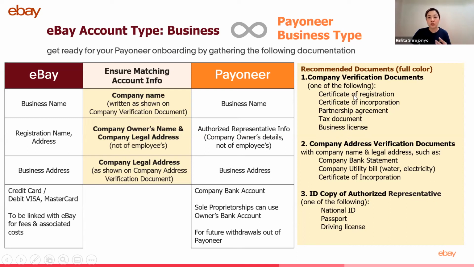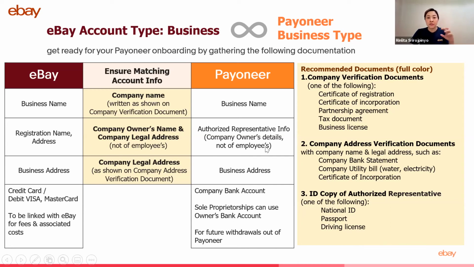You can look at the right-hand side, the yellow sheet. You can choose one of the following documents for use as company verification, for example, the certificate of registration, certificate of incorporation, or business license. The next item is the registration name and address, and on eBay, the name and the address will appear together.